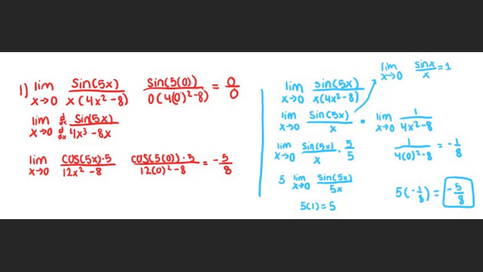When I solved, I got 5 for the limit of sine 5x over x, and -1/8 for the limit of 1 over 4x squared minus 8. Then I multiplied those two together, 5 and -1/8, and got -5/8.